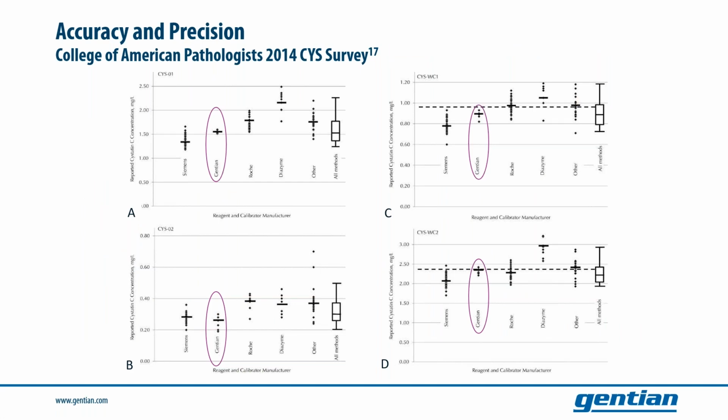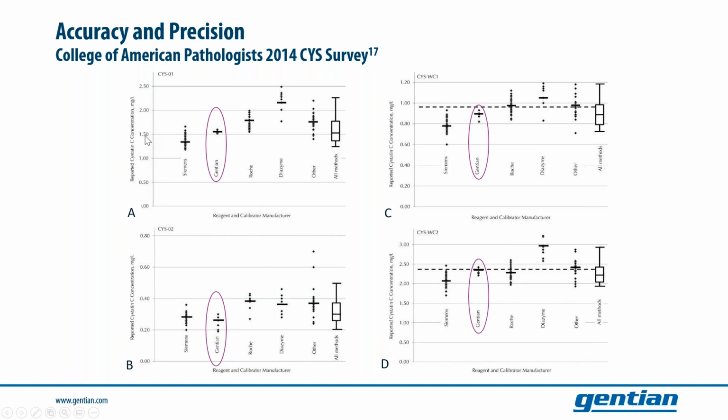This is a study published in 2014 by the College of American Pathologists. They had 4 samples, A, B, C, and D, with different concentrations of Cystatin C. Samples A and B were not assigned a specific value, whereas C and D were.